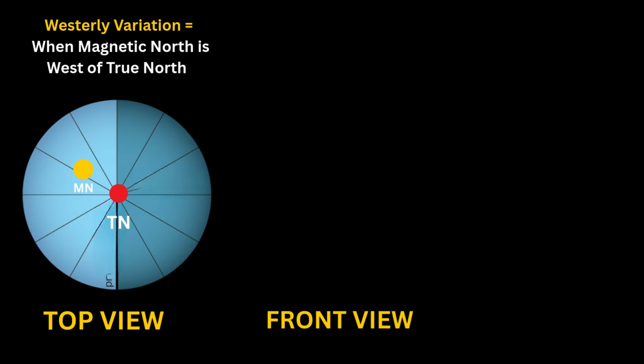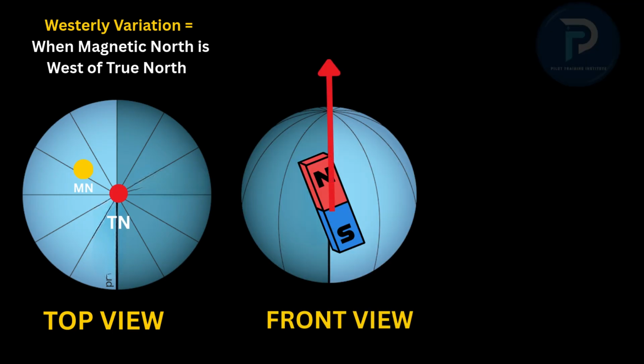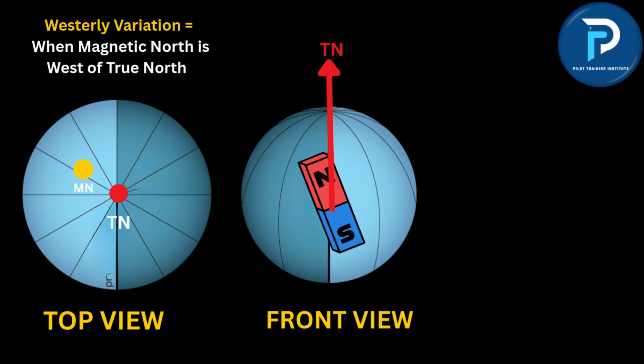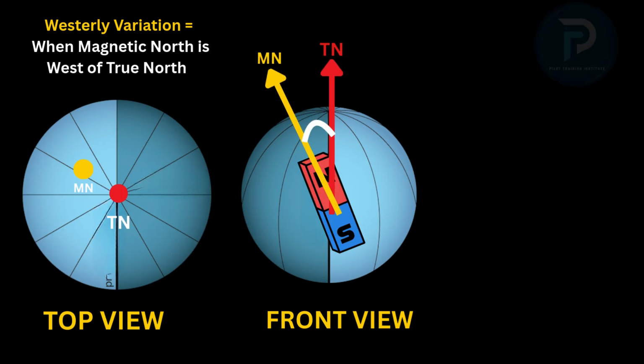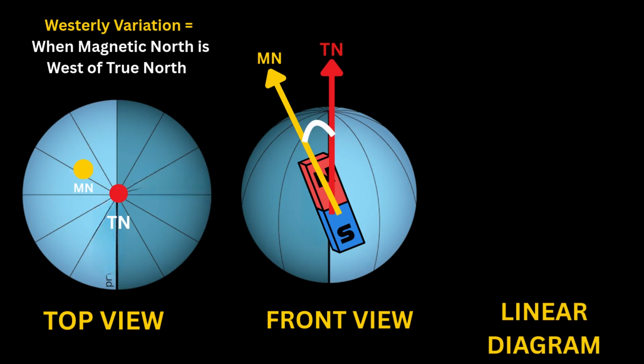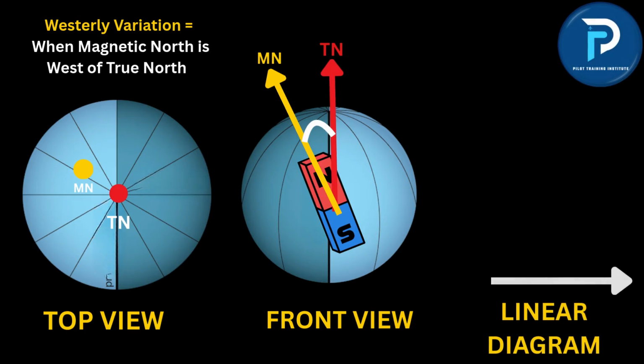Now, if I show you the front view and point you out the true north, can you guess which side would your magnetic north be with respect to your true north? Towards right or towards left? That is correct, towards the left. Now, we'll simplify it better. Let us draw a linear diagram. This white arrow represents your track, and this is your true north.